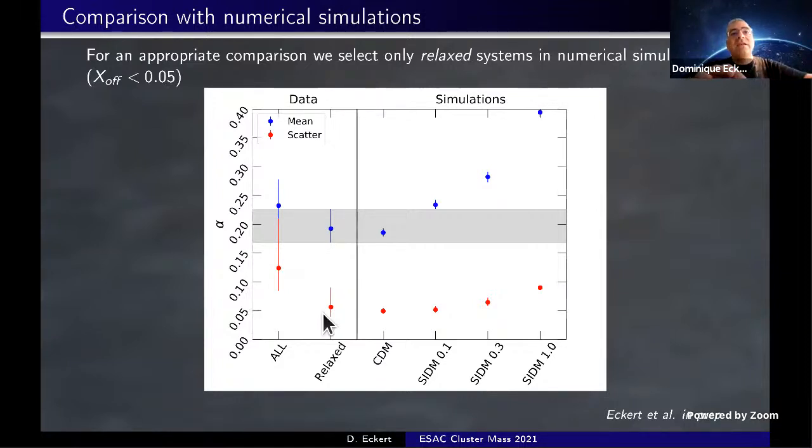And what you can see is that especially our relaxed subsample, which is here in blue, matches very well the predictions from lambda CDM and is actually very sensitive at excluding self-interaction cross-section. So what you can see here is that, for instance, this value of self-interaction cross-section of 1 centimeter square per gram is very strongly excluded by our data.